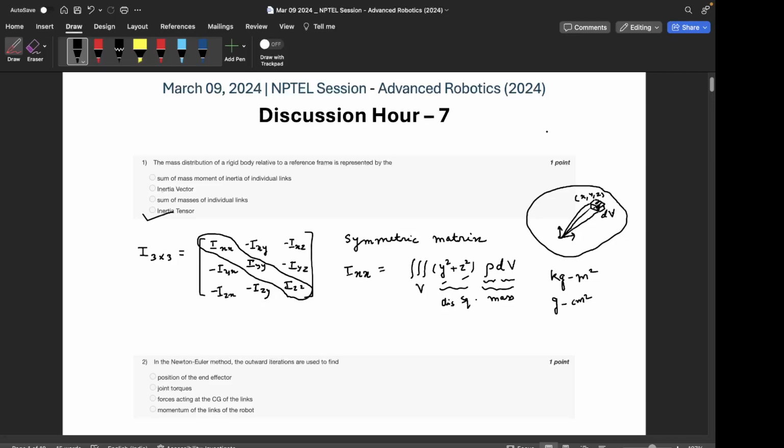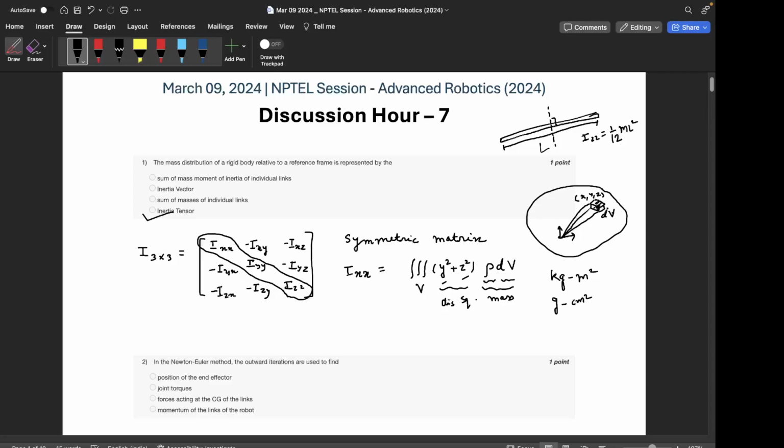The very simple formula of inertia that you have learned is, let's say, for a rod rotating about its axis perpendicular to it. About this axis the inertia is 1 by 12 mL square, where this is L. So what this describes is how the mass is distributed around a certain axis or set of axes.